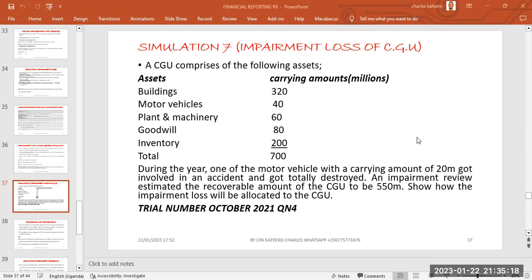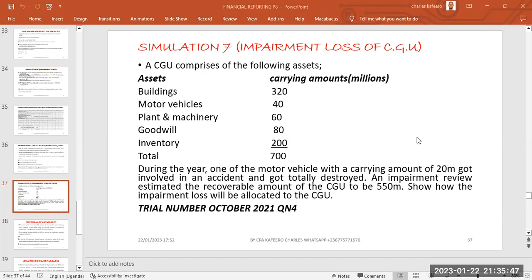If maybe the goodwill was 2 million, we remove the 2 million and we remain with 3 million. Meaning these 2 million plus the other 5 million of the damaged asset, they have now been written off from our impairment loss.